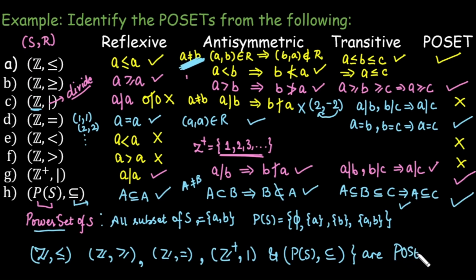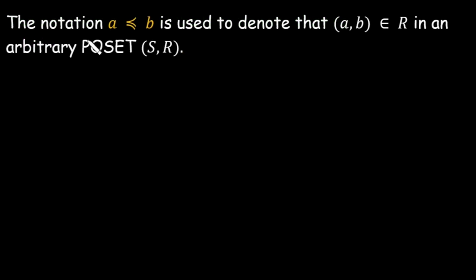Also note the notation used to denote that an ordered pair is part of a relation in an arbitrary POSET. Generally we represent a POSET as (S, R), where S stands for the set and R stands for the relation.